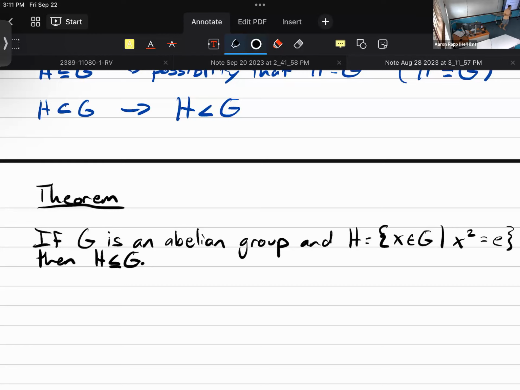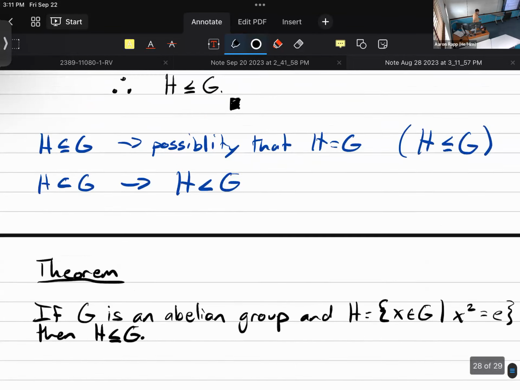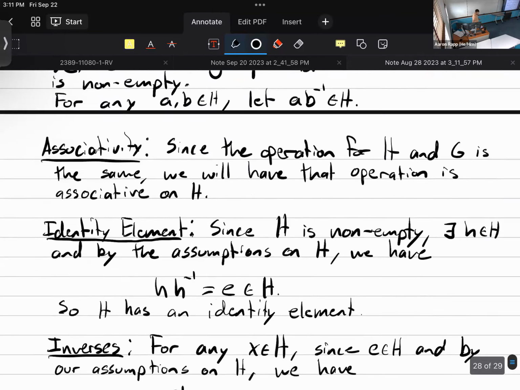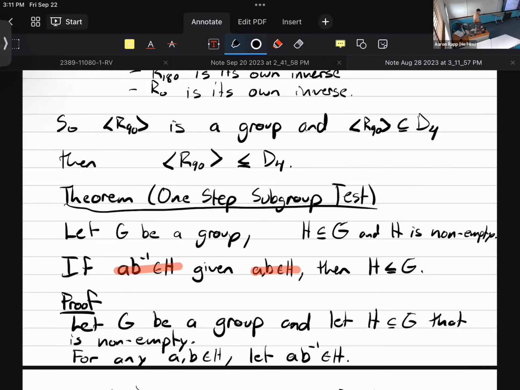So do I need to show that H is a group on its own? Yeah, I just need to employ that one-step subgroup test. I will admit one step is kind of misleading when you look at the actual usage of it, because when I go back to it, there's still a condition in it.